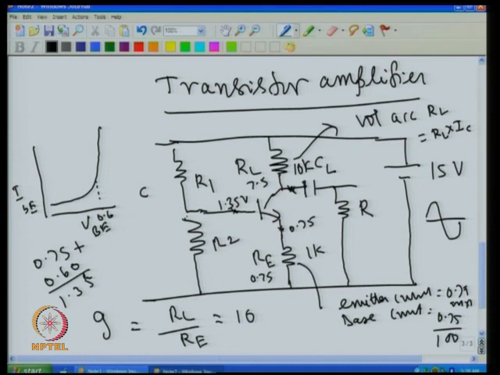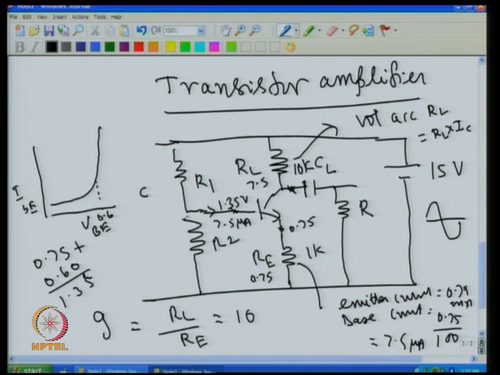So 750 microampere divided by 100 gives 7.5 microampere. So this base current comes out to be 7.5 microampere, while this current is 0.75 milliampere. So actually there is a small current through this.